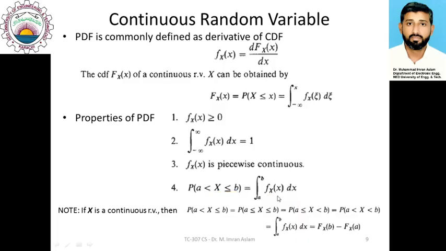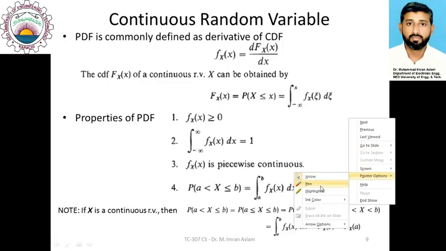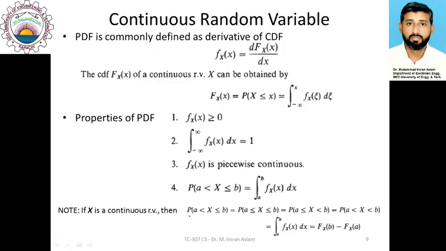it is important to mention that for a continuous random variable, these cases are all mathematically the same. Probability of A less than x less than or equal to B, or A less than or equal to x less than or equal to B, or A less than or equal to x less than B, and A less than x less than B, they represent the same case in continuous.